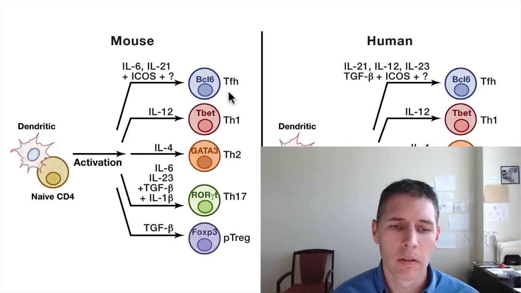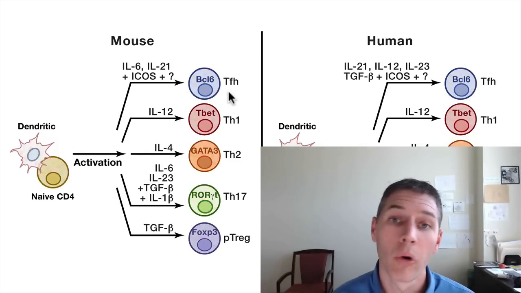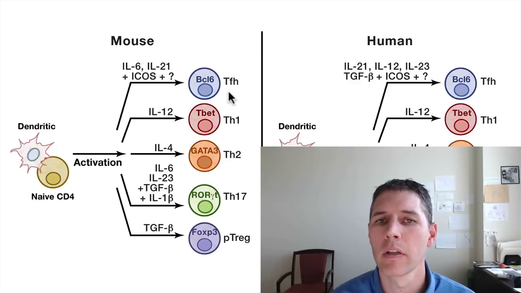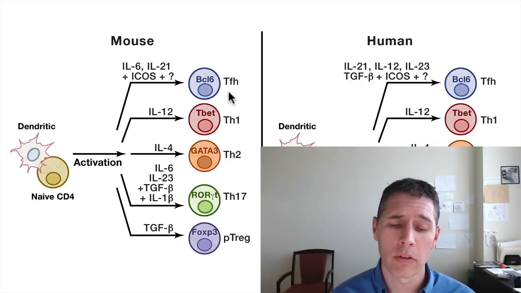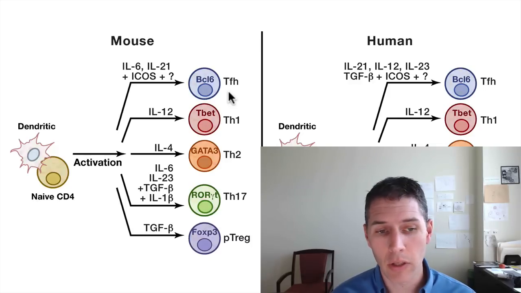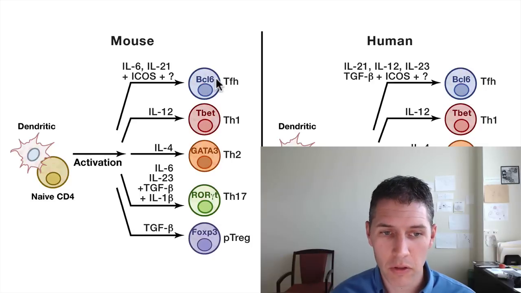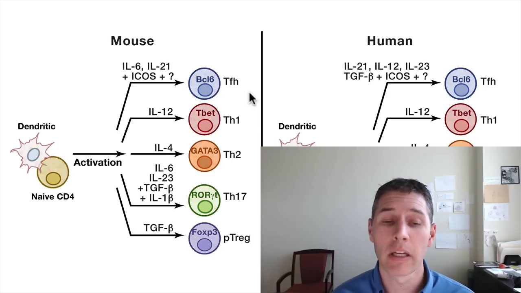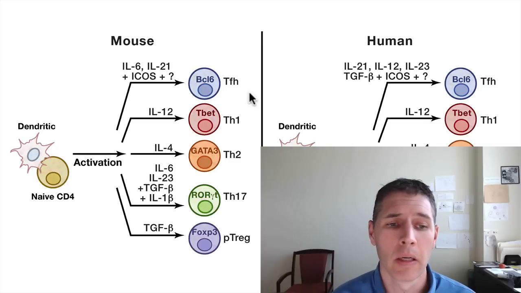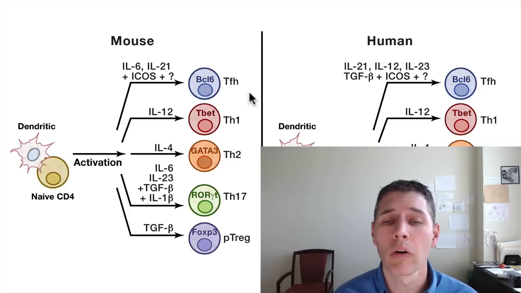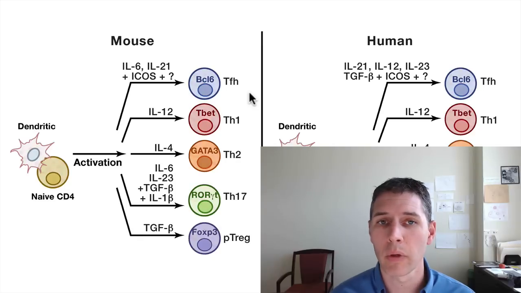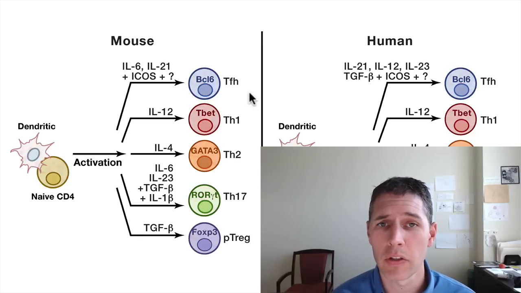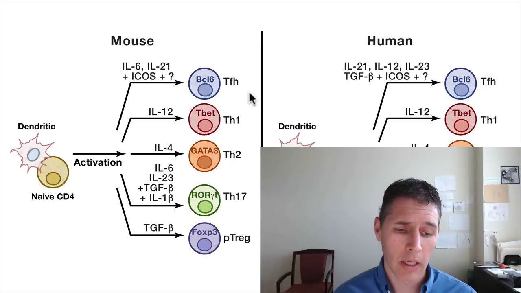However, it's abundantly clear that more than one transcription factor is necessary for any of these different CD4 T cell differentiation pathways. And as such, transcription factors such as BCL6 or TBET or GATA3 are generally now referred to as lineage-defining transcription factors, because they are critical for each of those distinct differentiation pathways, and are also very useful for distinguishing different types and functions of CD4 T cells.